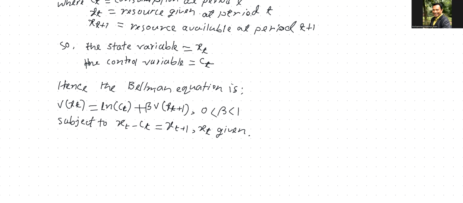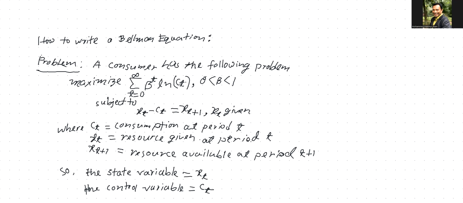So we can see that if we have an infinitely lived agent, the agent lives from 0 to infinity, and the utility function of the agent is this. You can also call this the lifetime utility of the agent, which runs from 0 to infinity. And of course, the agent discounts the future period consumption by a certain discount factor, which is beta.